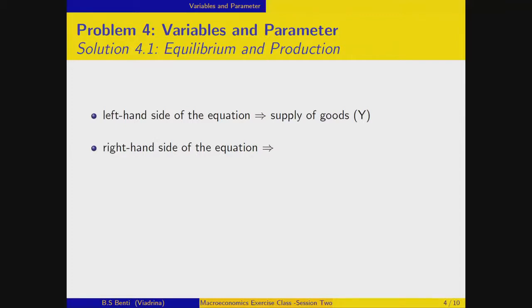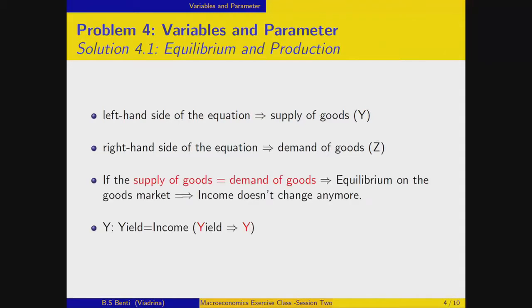The right-hand side of the equation, C0 plus C1 multiplied by (Y minus T) plus investment plus government expenditure, is the demand of goods, which is usually represented by Z. So in an economy, if the supply of goods is equal to the demand of goods, we say we reach an equilibrium on the goods market and income doesn't change anymore. Y represents yield, or Y is also income, so that's why it is represented by Y.